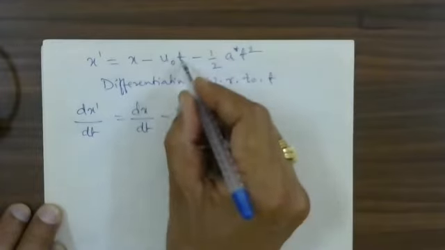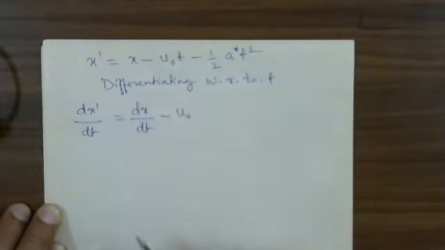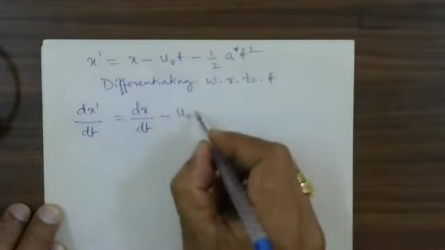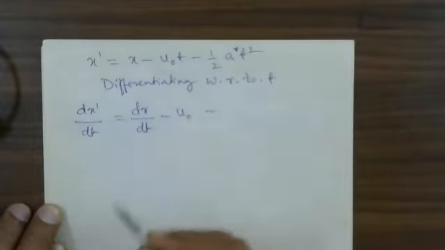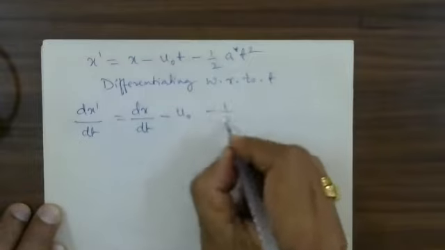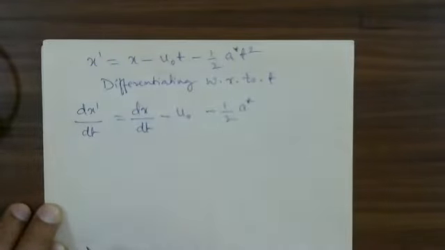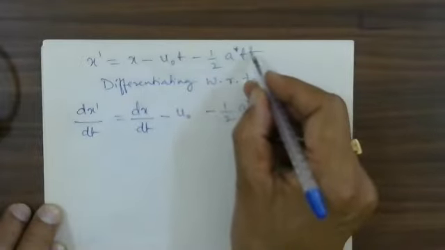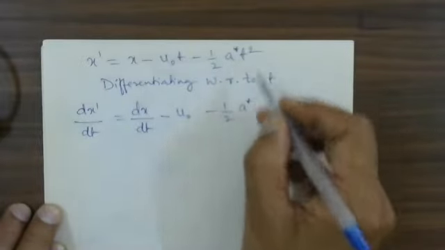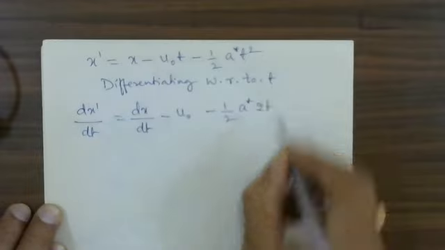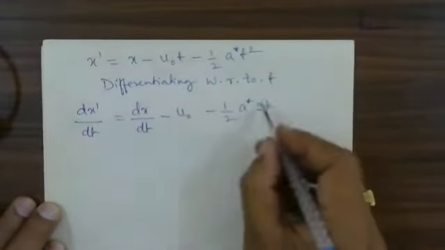Differentiation of time with respect to time is 1, minus half constant a star. This is t square. Differentiation of t square is 2t into 1. 2 gets cancelled.